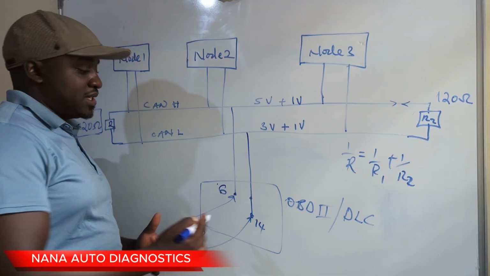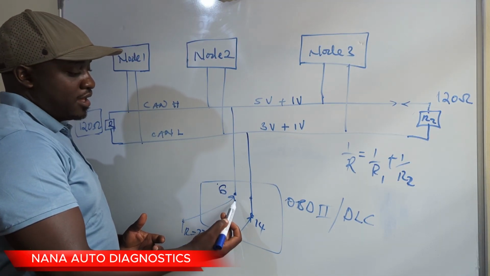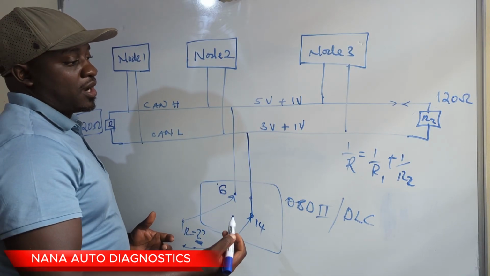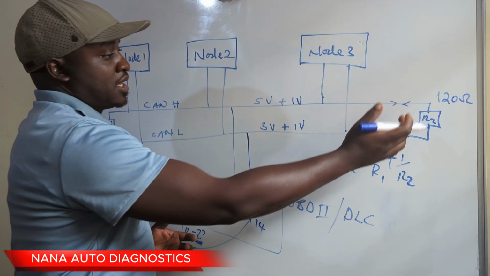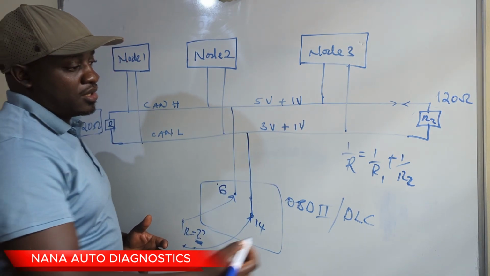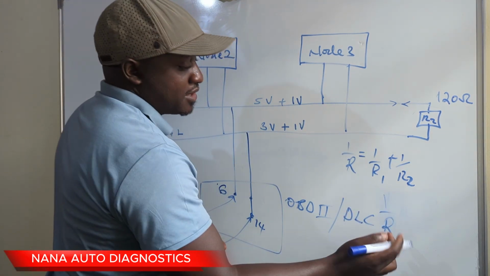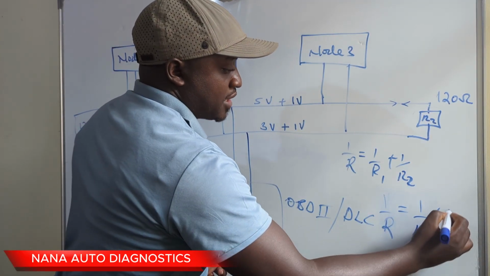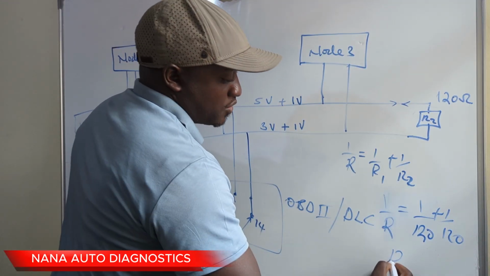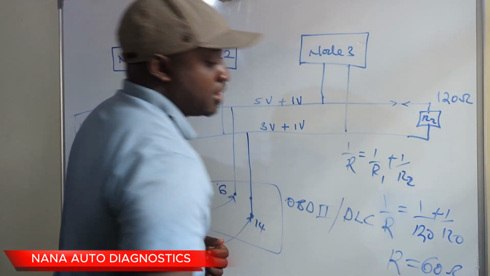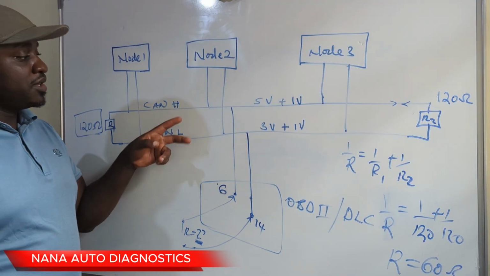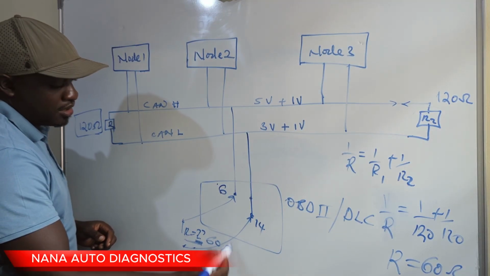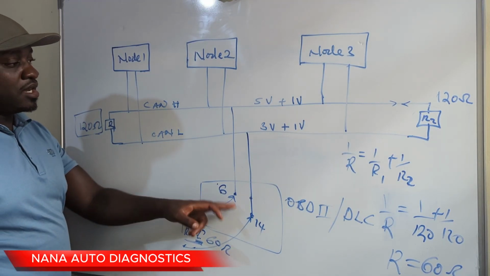If you want to know the resistance that we shall be having here at the DLC, if this system is healthy or normal, we shall have to compute the effective resistance of this entire network. So this effective resistance will be equivalent to 1 over 120 plus 1 over 120. So this R will be 60 ohms. So whenever we have a healthy system, the resistance here will be 60 ohms at the DLC.